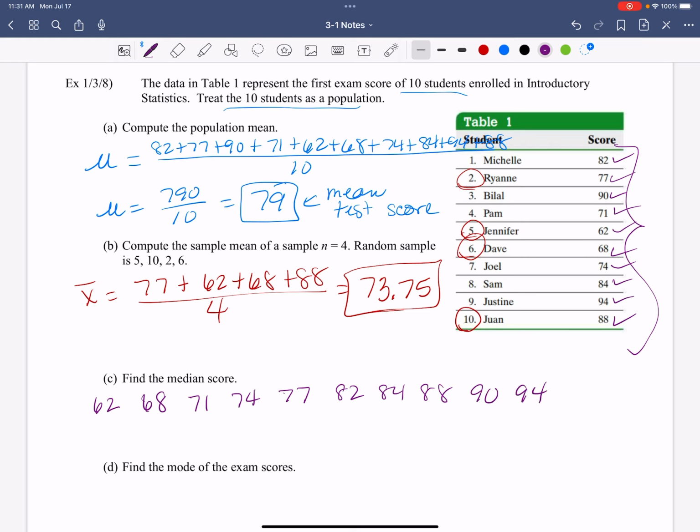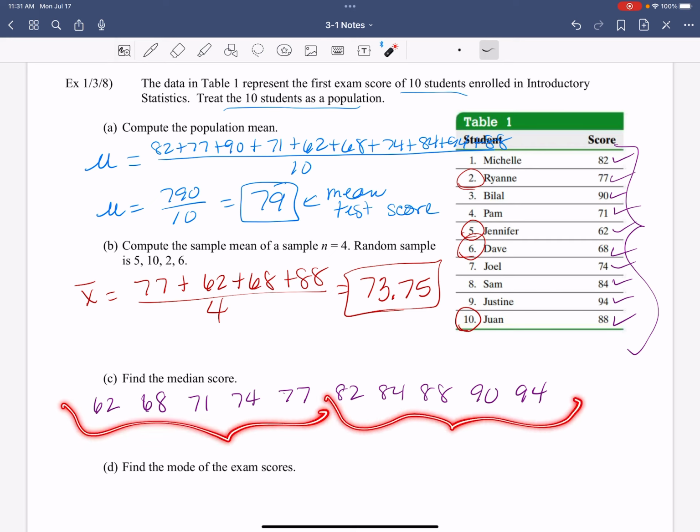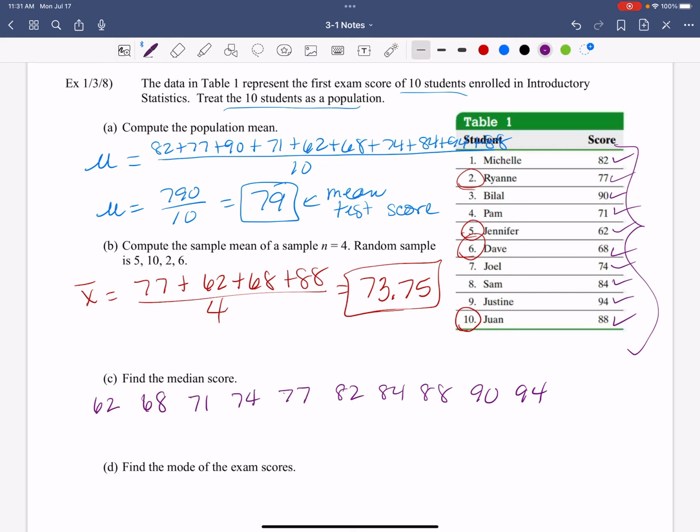Okay, now I have 10 pieces of data. I want the number in the middle. Well, I have an even number of data. So I've got 5 on this side and 5 on this side. So my median for this is actually between these two pieces of data. So if I want to find something that's in the middle of two numbers, what do I do?